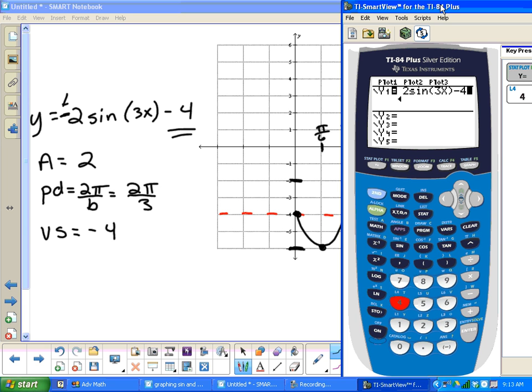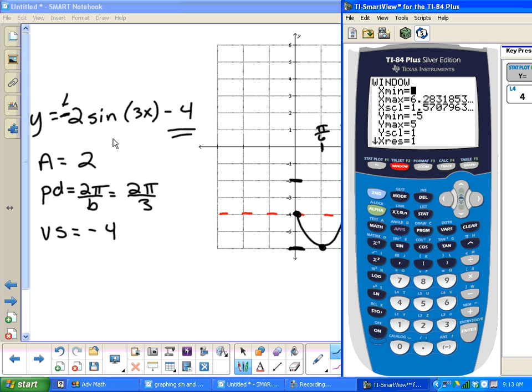Now, just watch this one, and on yours we'll check the one that y'all just graphed. What I'm really going to have to figure out here is how I would set the window to check it. So on my window here, look at my information here. Look at the graph that I got.